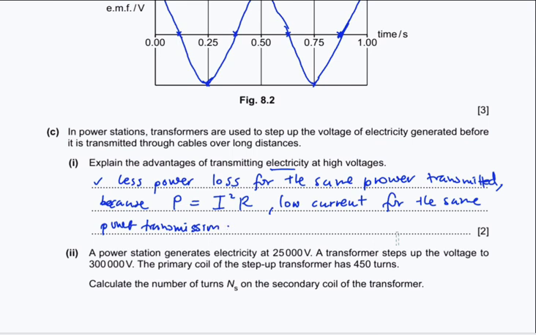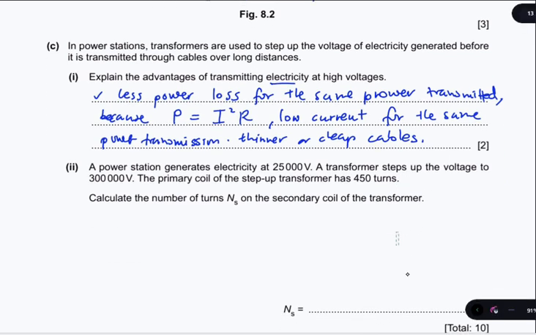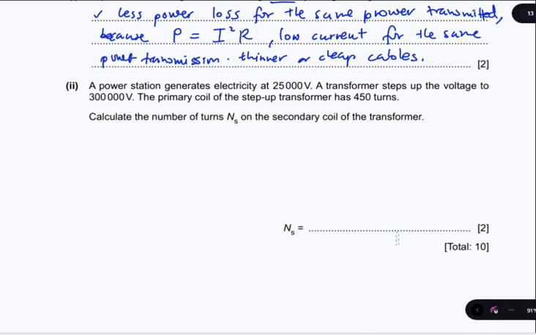Right, and what does this imply? It implies that we can also use thinner or cheap cables. Okay, now let's move on to the next one. Yeah, you can highlight those things on that kind of question.